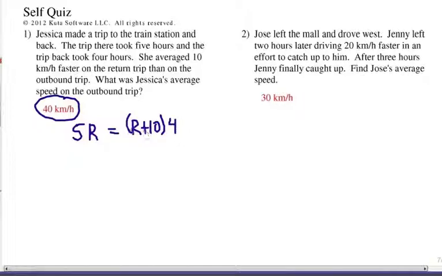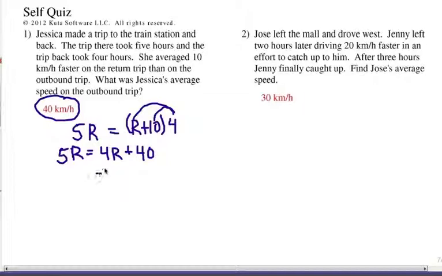These distances are equal. So we have 5R equals 4R plus 40. How did I get that? That's the distributive property, isn't it? 4 times R, 4 times 10.